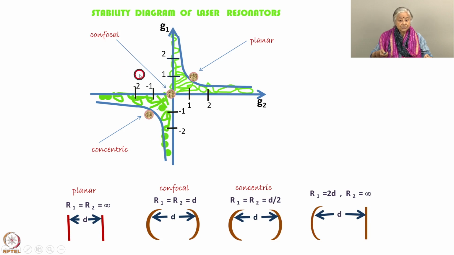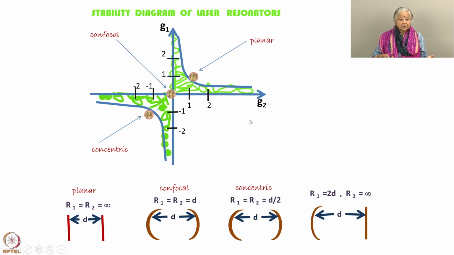Anything which falls in this region, this region, this region is an unstable resonator. So, for any resonator that you design, you have to check its stability. You calculate G1, calculate G2, plot it on this diagram, and see whether it falls in the shaded area.